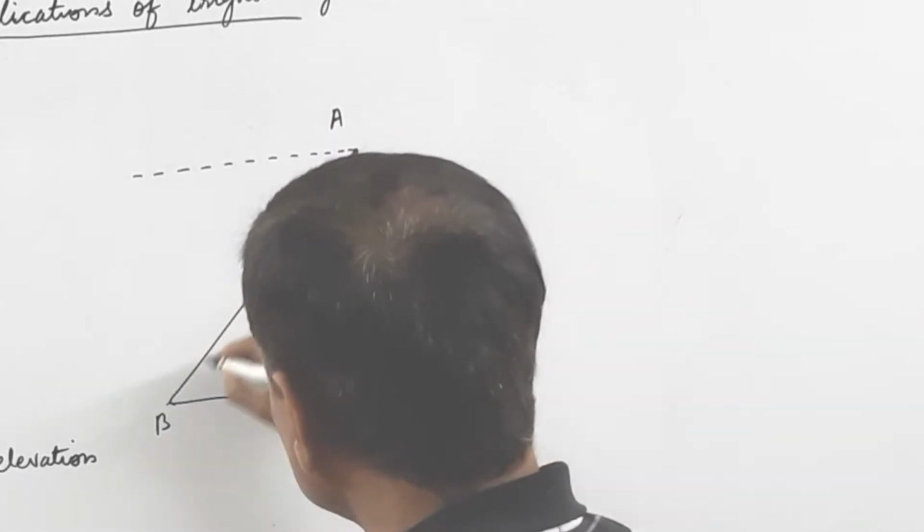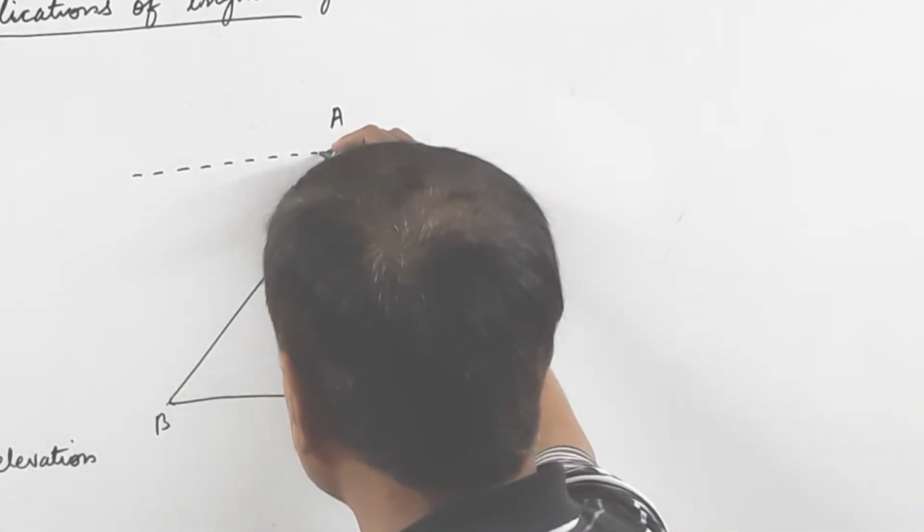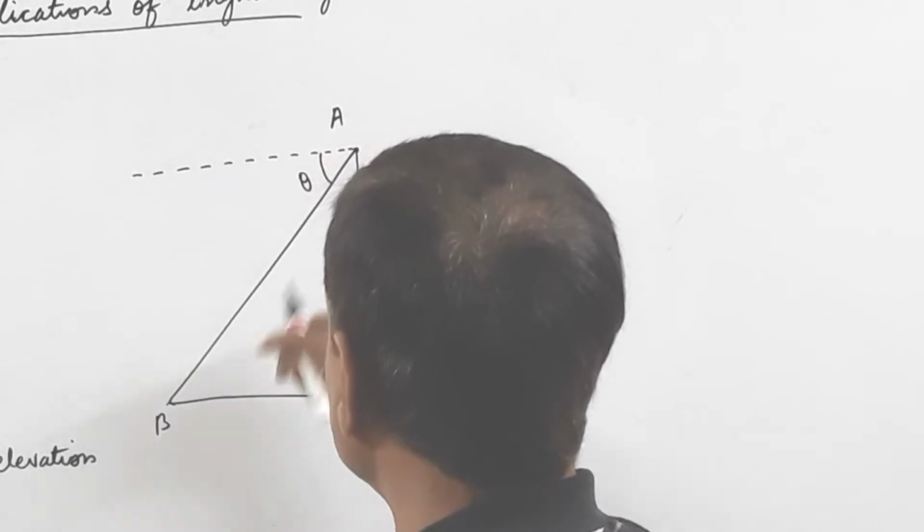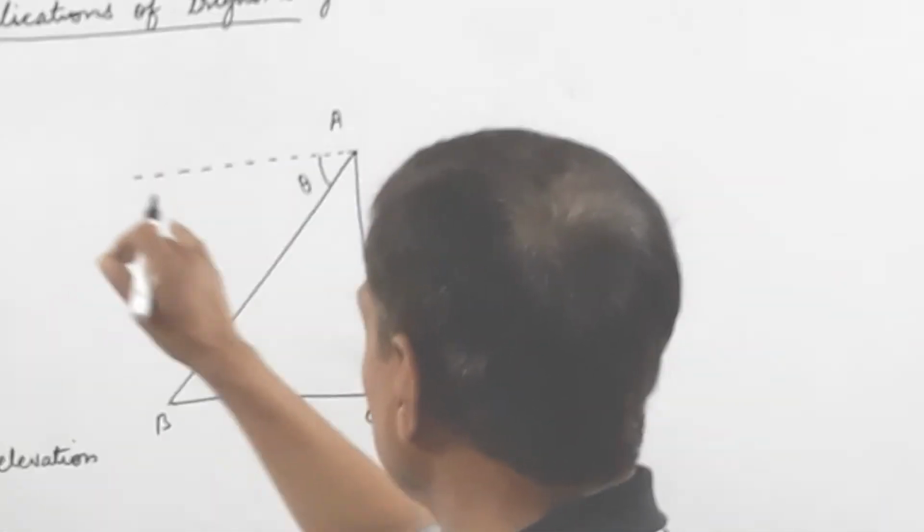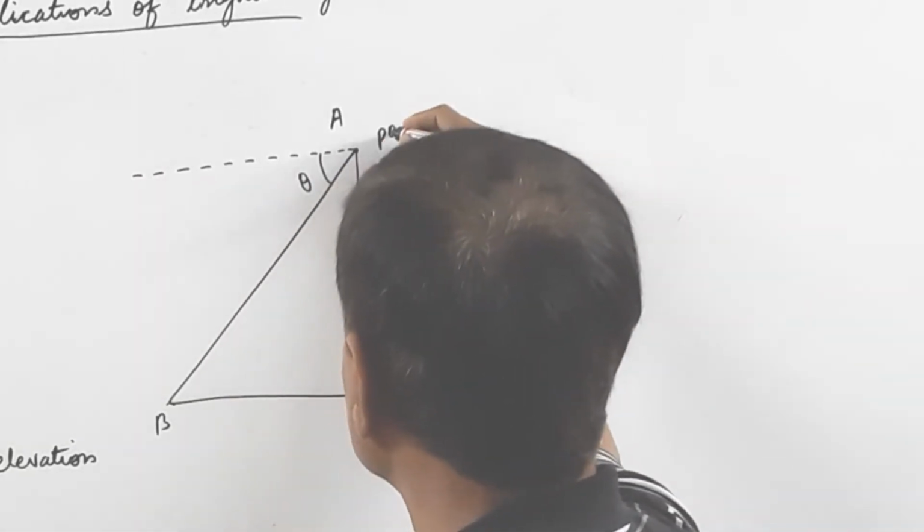Suppose this incline is making angle theta with the horizontal through the point of observation.